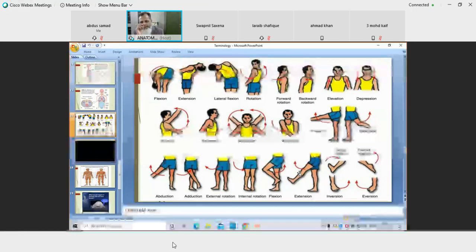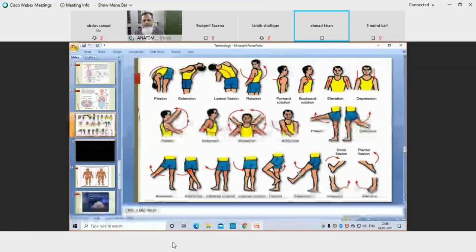These movements taking place at different synovial joints are grouped under 4 headings. Just listen to the terms, then I will explain each separately. First, gliding movement. You might have heard the term glide.